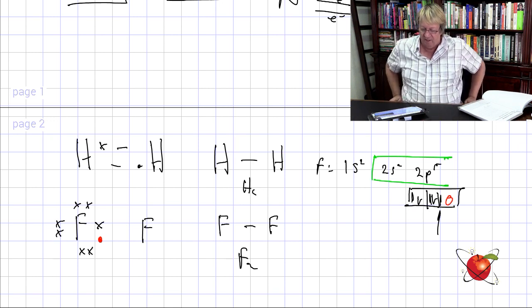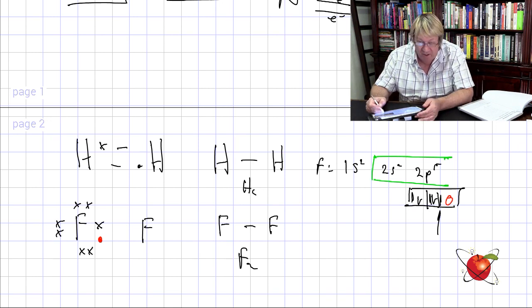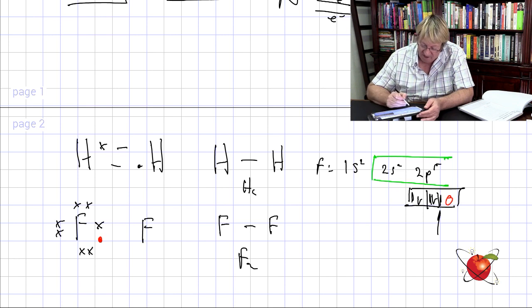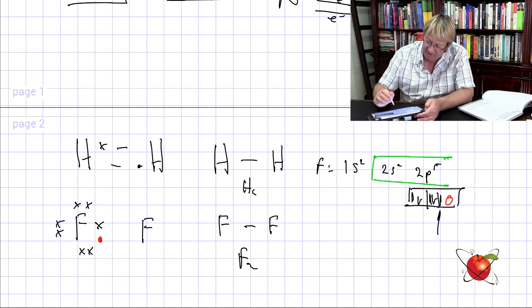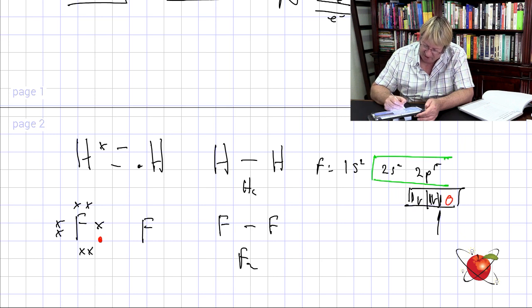There we go. There's my 7 electrons in the outer shell. There is the single parking spot that's available. And fluorine on this side has got the same. So the fluorine on that side would have had, that one has now gone across, 2, 4, 6, and there's its 7th. So we formed F2.